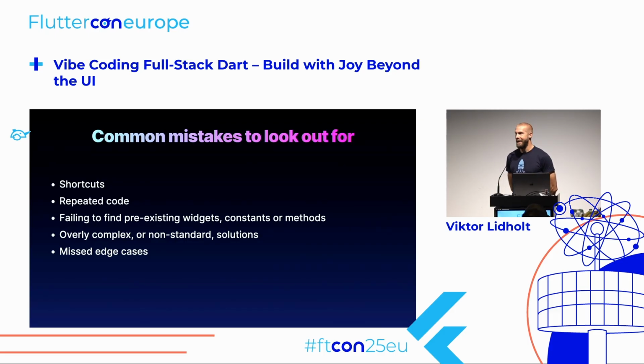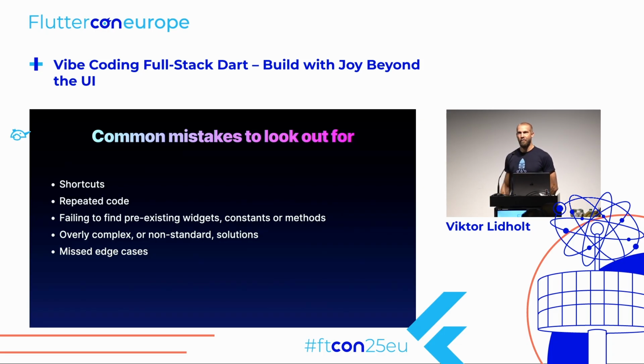It loves to repeat code. Sometimes it writes almost identical methods on top of each other. That's typically pretty bad. It's like coding style doing copy paste, but LLMs love that. And it often won't find pre-existing widgets, constants, methods. So that's also something you may need to point out when you're coding.